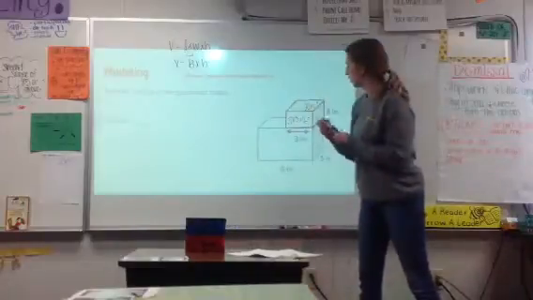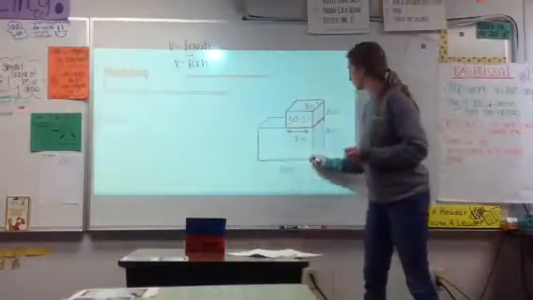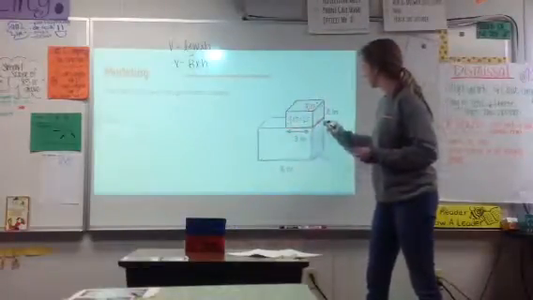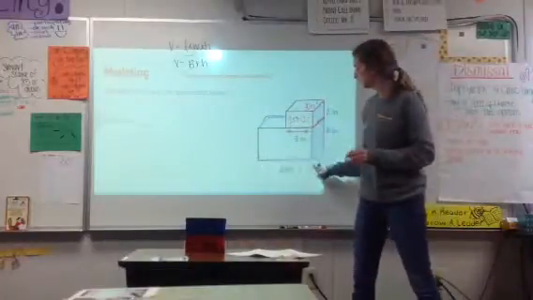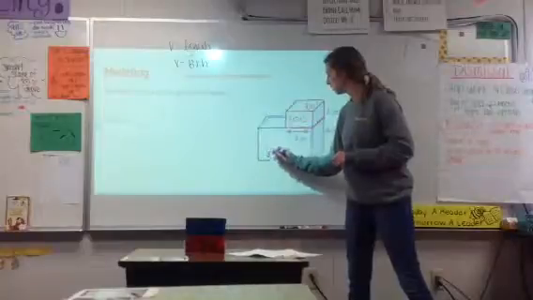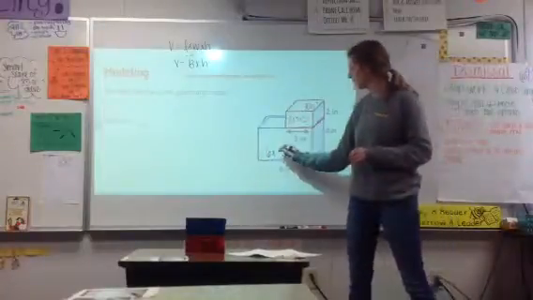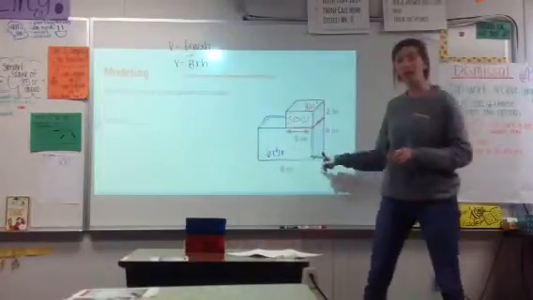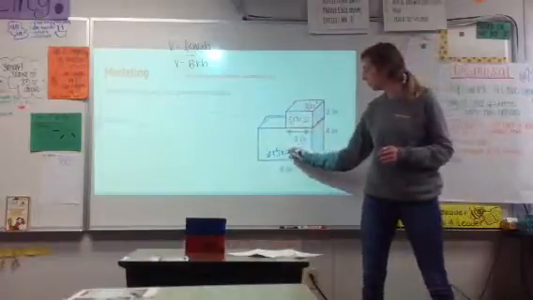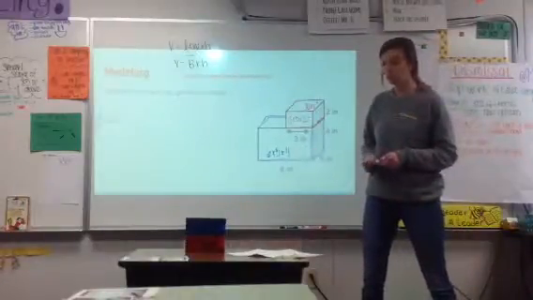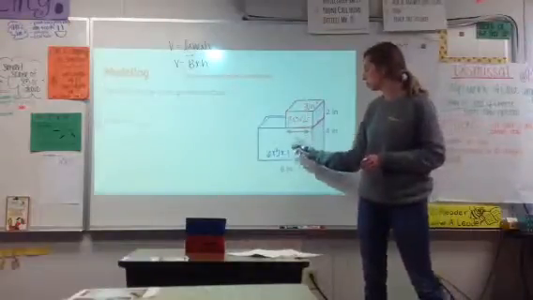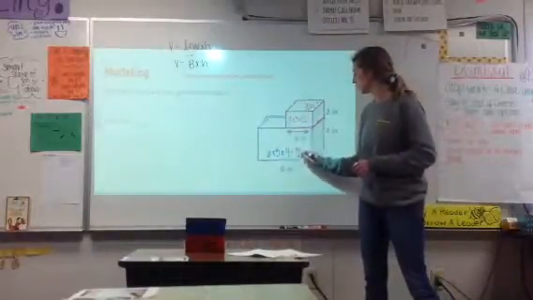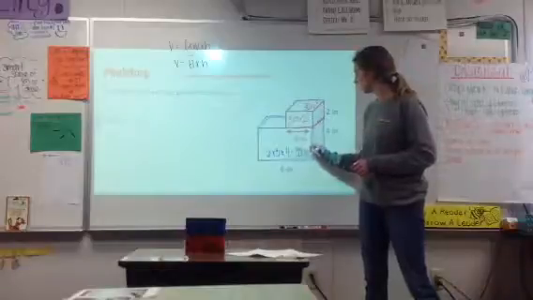My second one is down below here. And this has a length of 6, a width of 5, and a height of 4. So to find this one, I'm going to multiply these together. 5 times 4 is 20, times 6 is 120 inches cubed.